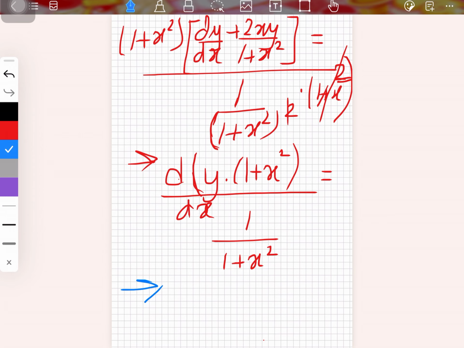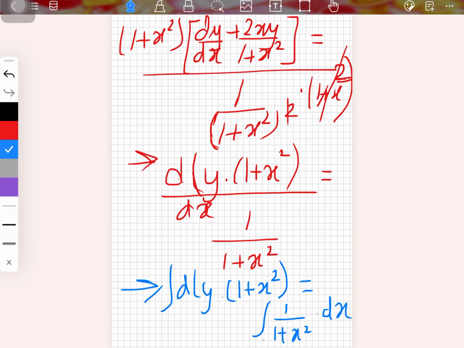I have briefly explained linear differential equations, so that will make sense to you. So now what we have is d of y times 1 plus x square is equal to the integral of 1 over 1 plus x square dx. Now let's go to the next page.